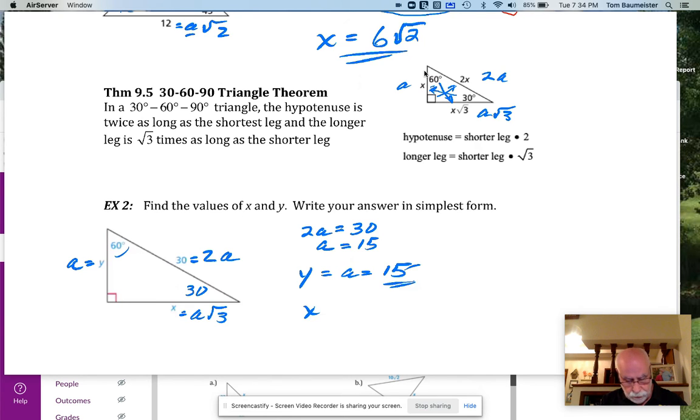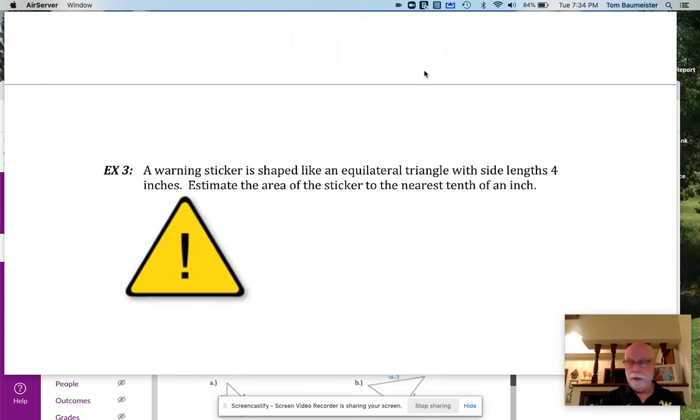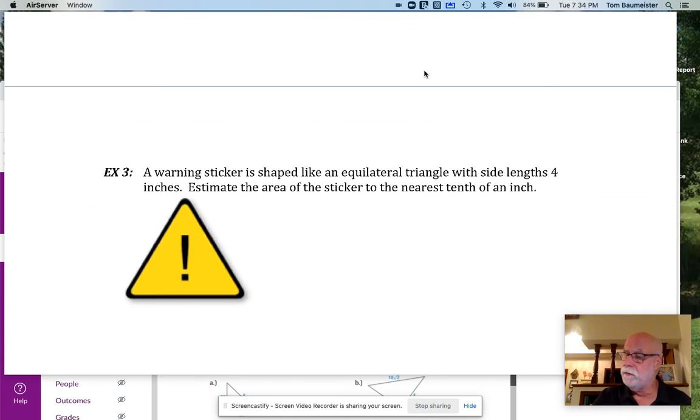And X is equal to A times the square root of 3. We just said A was 15. So it's 15 times the square root of 3. Okay? All right. Now, sometimes we're going to have to do a little thinking here and fixing stuff up.